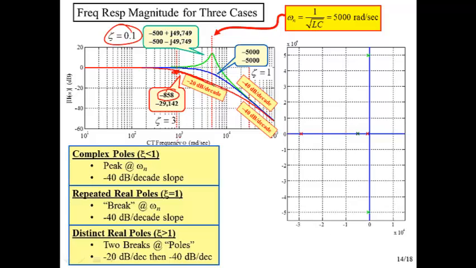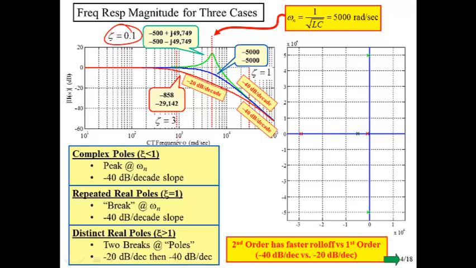But then for a little while we're going minus 20 dB per decade until we hit the second one at around 30K right there, and then we get a transition to minus 40 dB per decade. Now, don't worry too much about understanding all that. I think in the next video or very soon we'll be talking about Bode plots, where we'll have an ability to understand this a lot more than what we're seeing here.